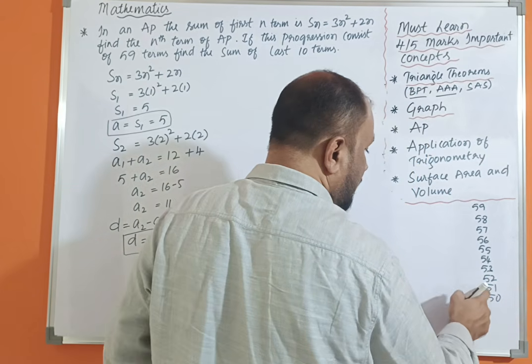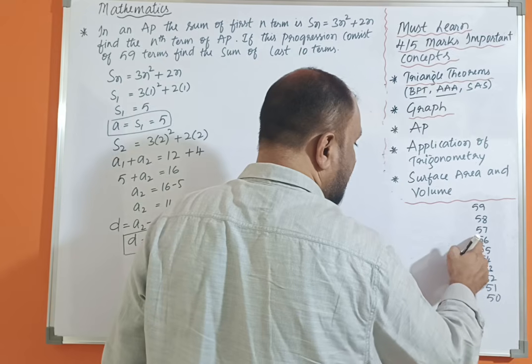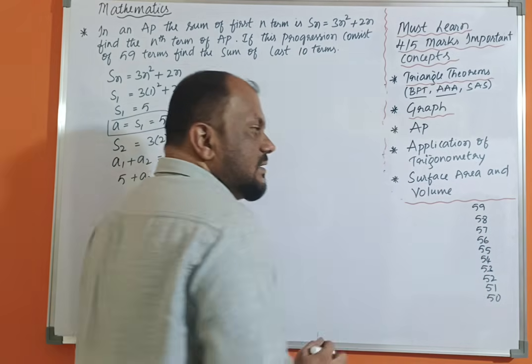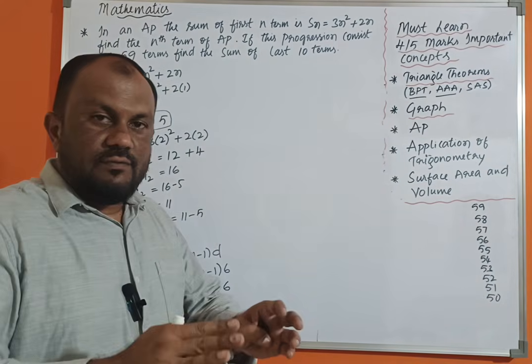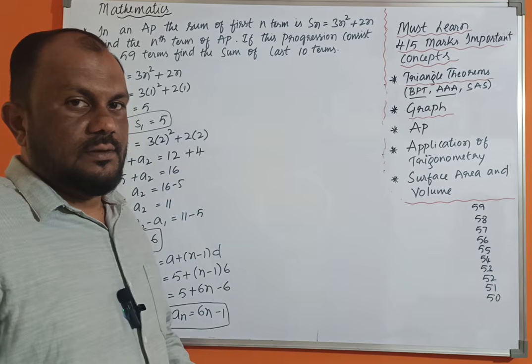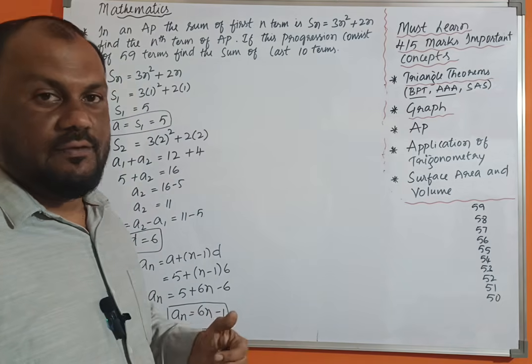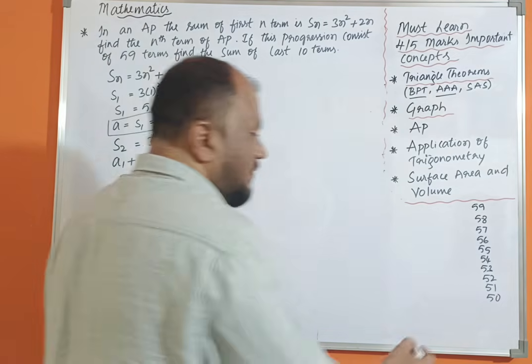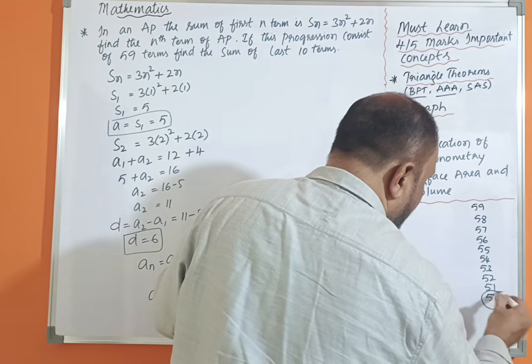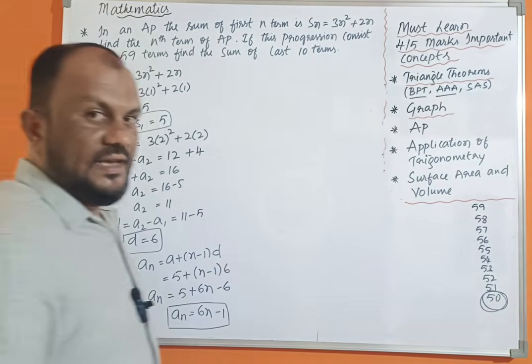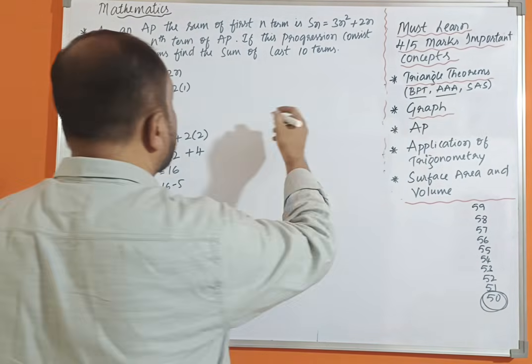Check how many are there? 1, 2, 3, 4, 5, 6, 7, 8, 9, 10. So if you are finding the sum of last 10 terms in the AP of 59 terms, your first term is the 50th term. So I'll find out A50.